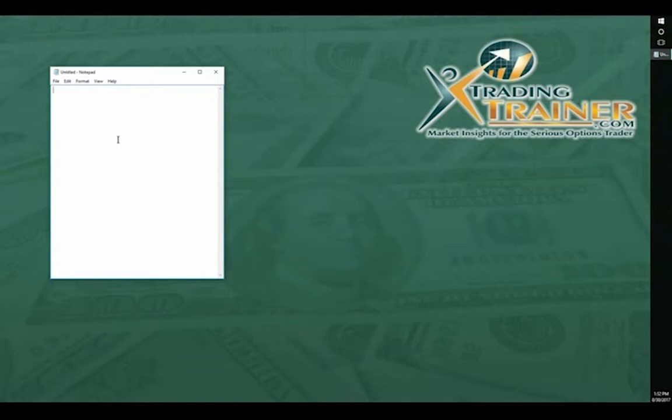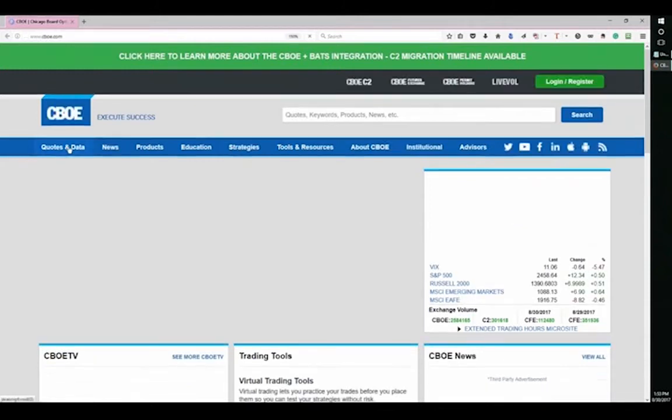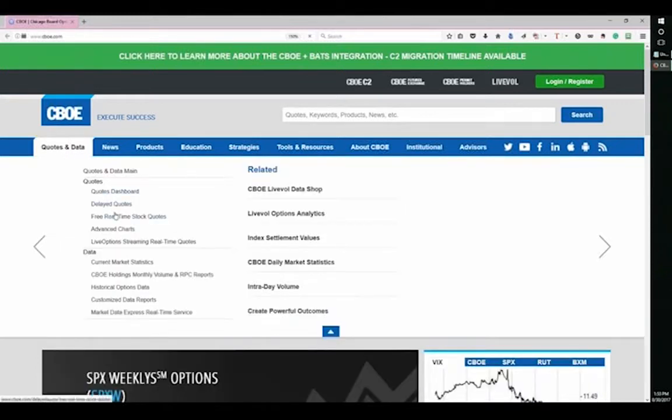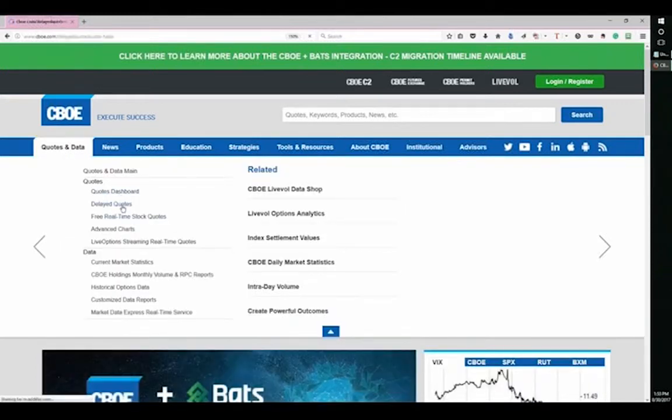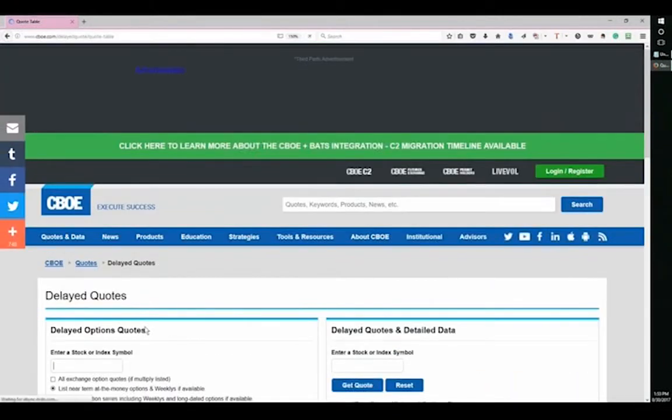The first thing you have to understand is the price of an option. If I were to open up a browser window and visit a free site like the CBOE, the Chicago Board Options Exchange, go to their quotes and data column, and look at delayed quotes, what's a good stock to look at?